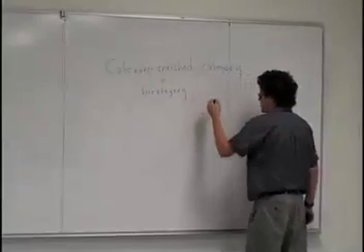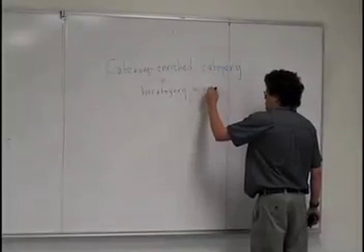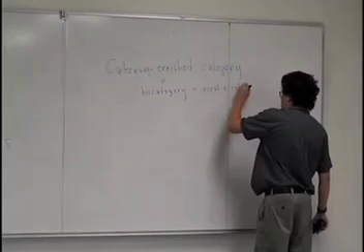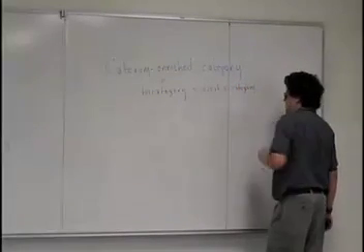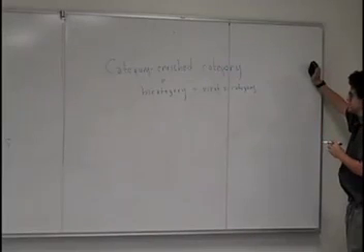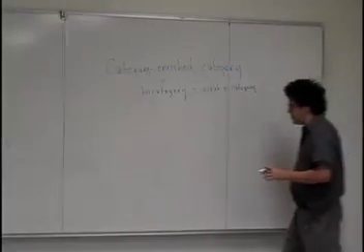So instead of bicategory, another name for it is a weak 2-category. Or if you really want to show off, just call it a 2-category and hope people know what you're talking about. They're different variants.